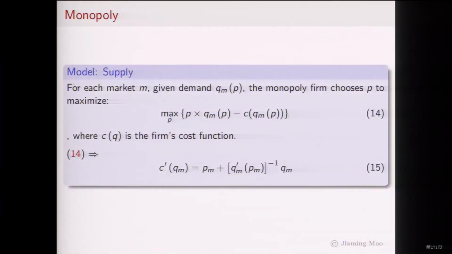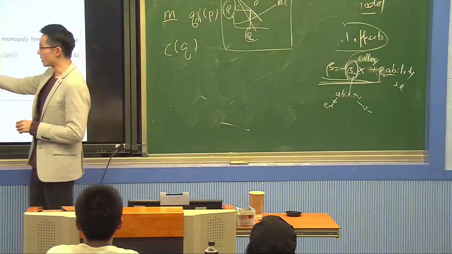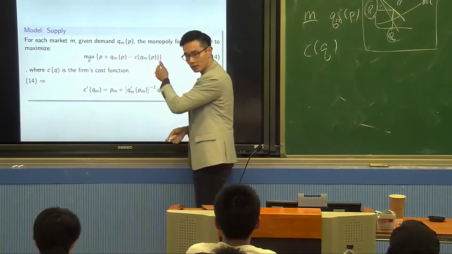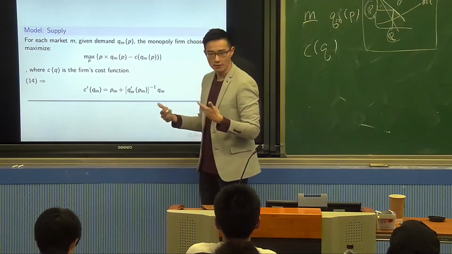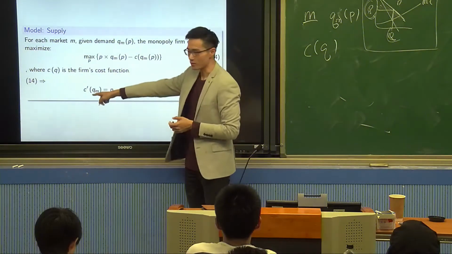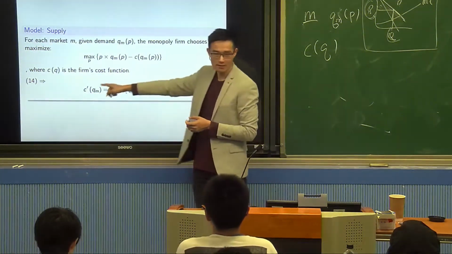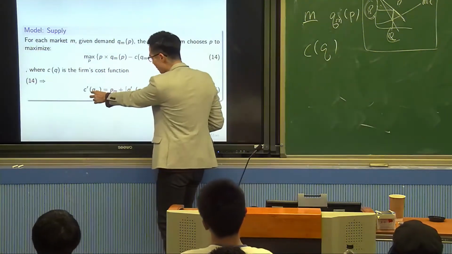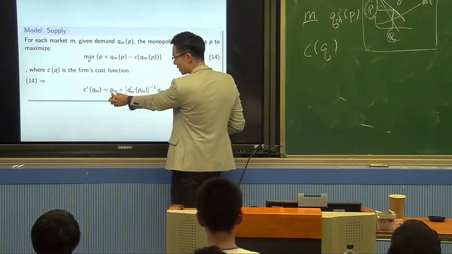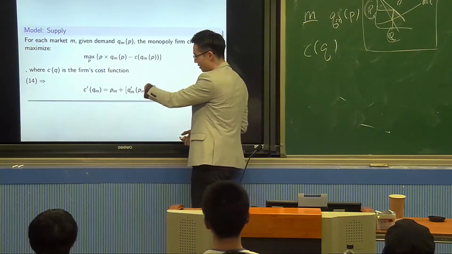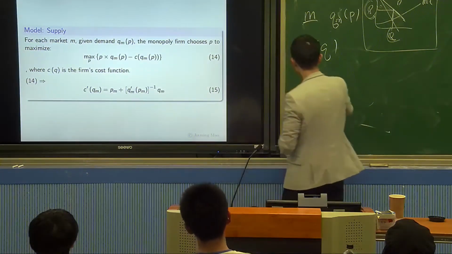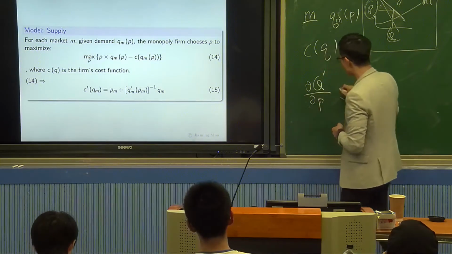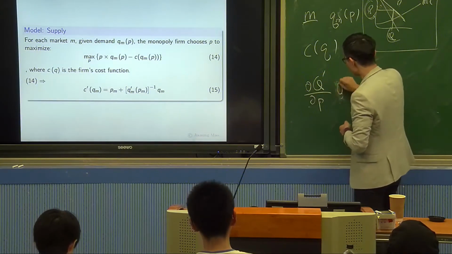Right? Now, let's take a look at the implication of this. If I choose an optimal P to maximize this model, what is the solution? The solution is this, right? People familiar with this? The Lerner index and optimal pricing for a monopoly. P plus the derivative dQ/dP times Q, right?